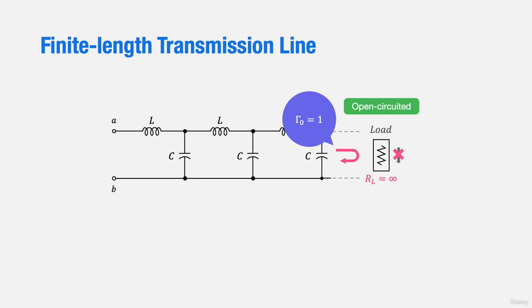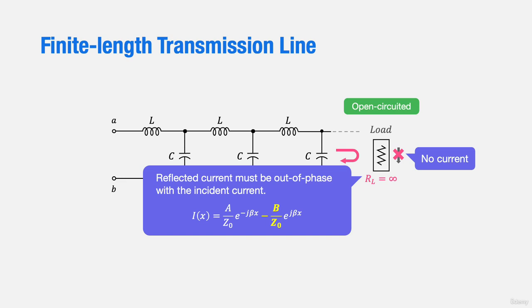In addition, since there is no current flowing at the end, when a current wave reaches the end and hits the open circuit, it is reflected back as an inverted current. This reflected current wave is necessary to combine with the incident current wave to produce a total current of 0 at this endpoint.